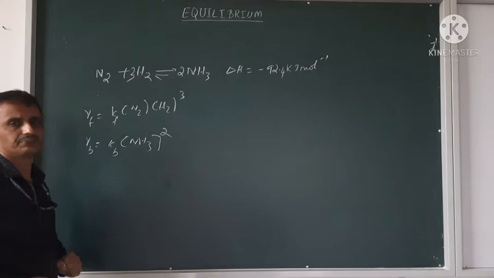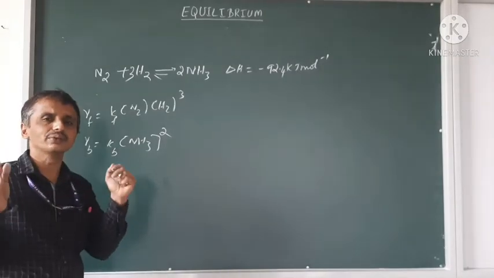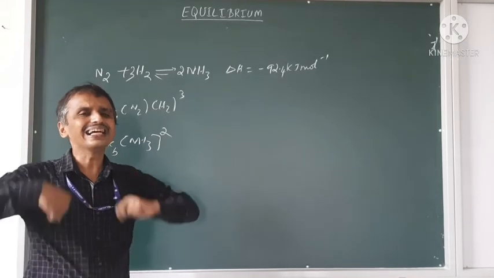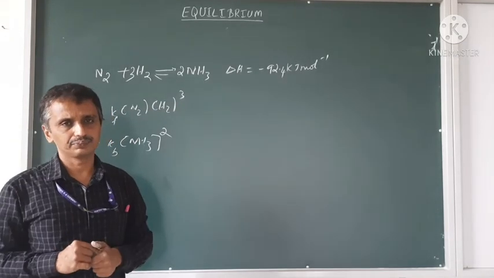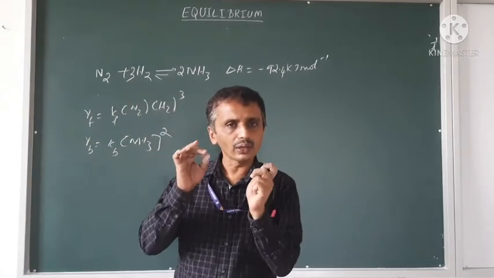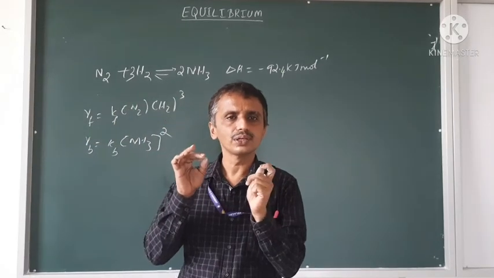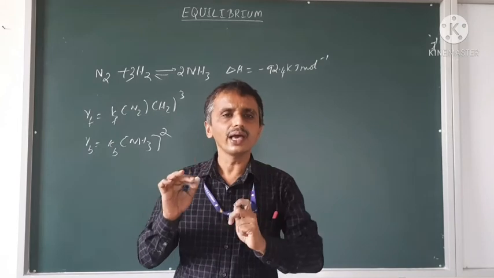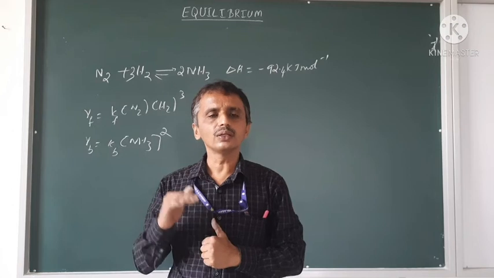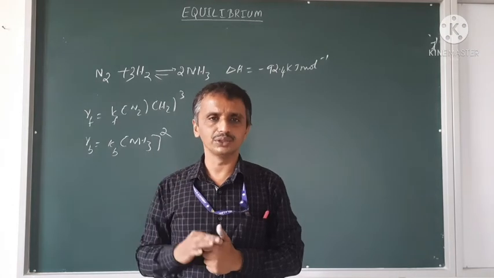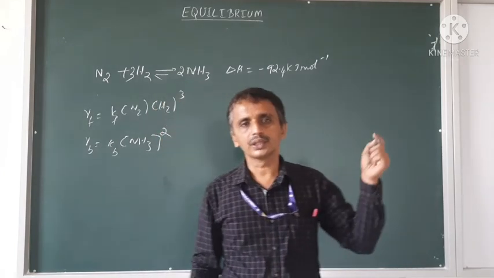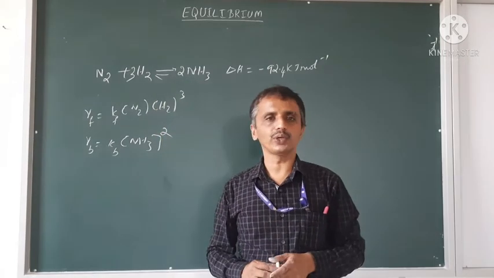How will this catalyst increase the rate of the reaction? See, what the catalyst will do is, it will give an alternate path with a lower activation energy, provided the catalyst is a positive catalyst.